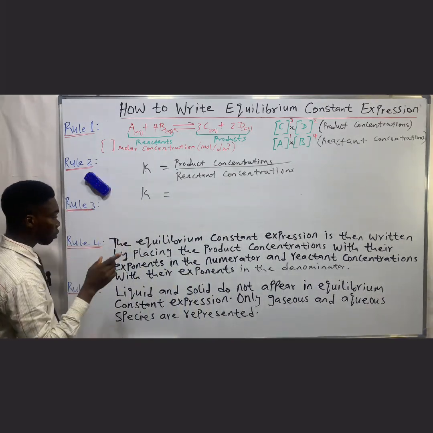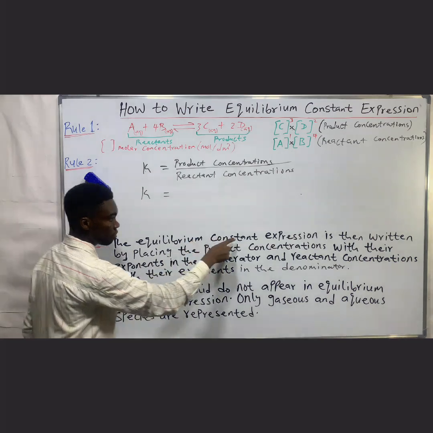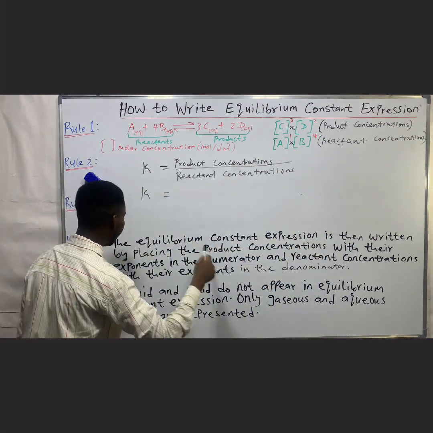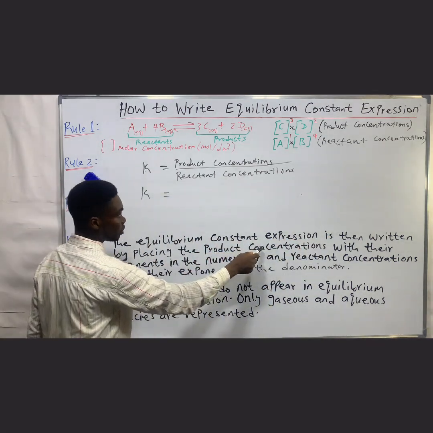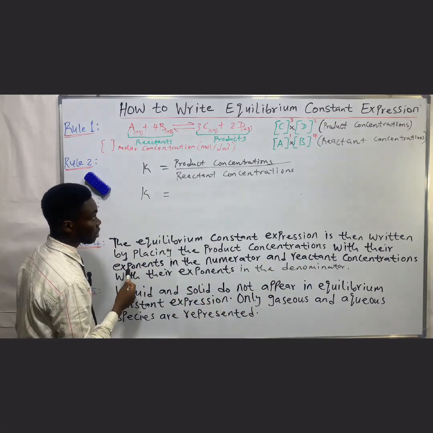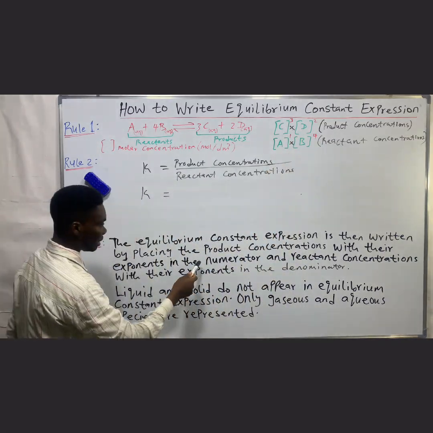Rule number 4 says that the equilibrium constant expression is written by placing the product concentrations with their exponents in the numerator.